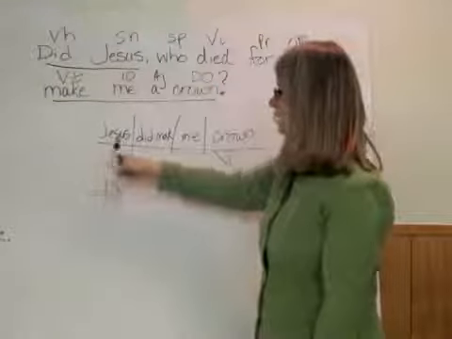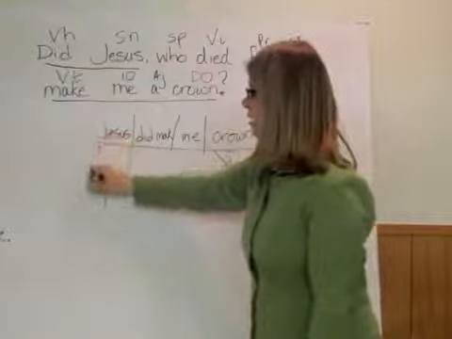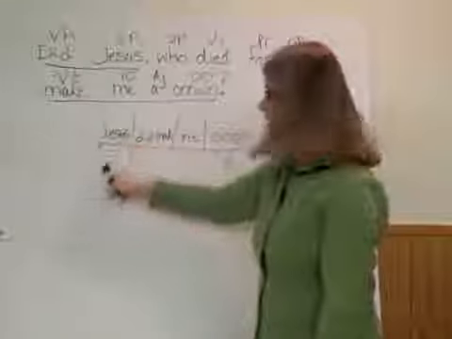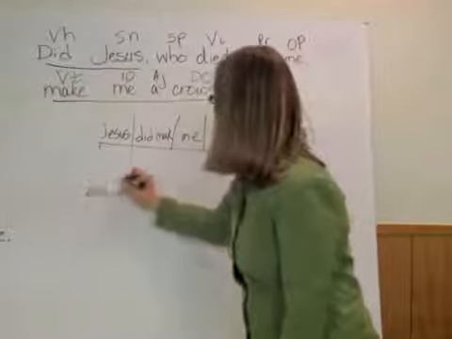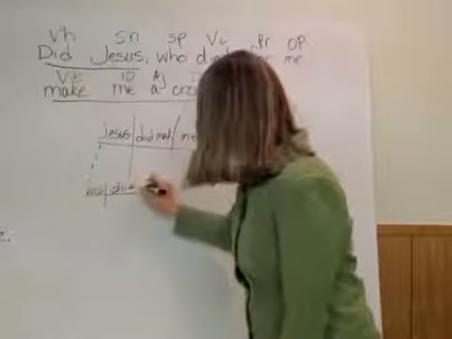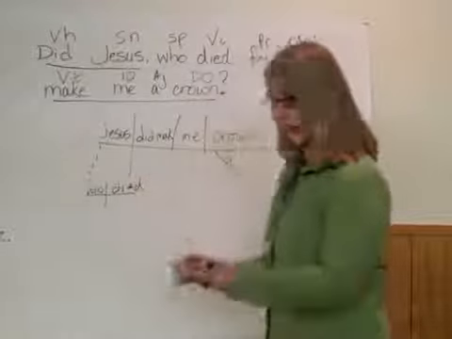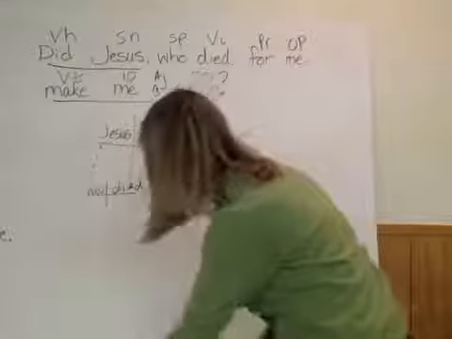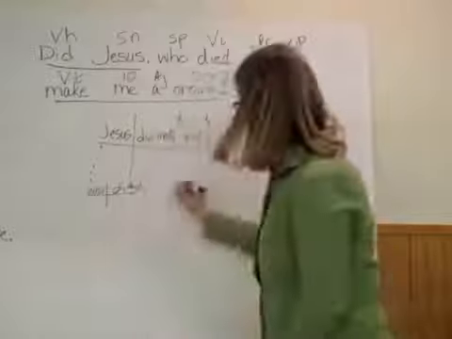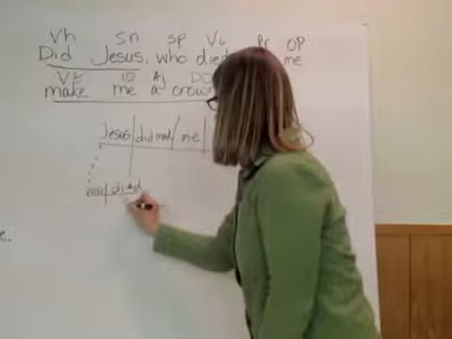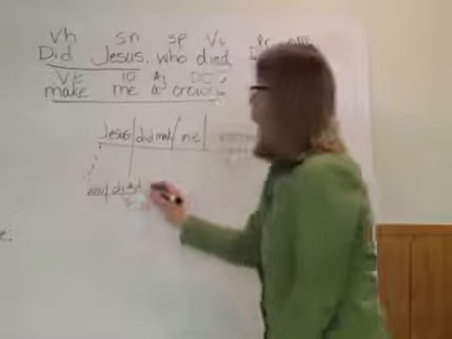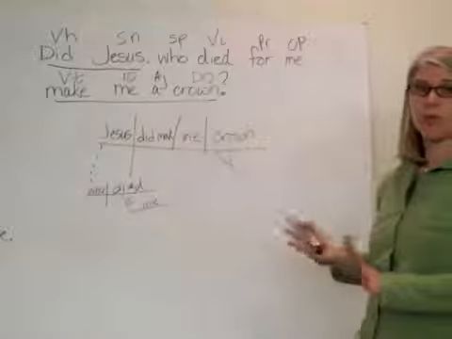So I know I need to put it underneath Jesus and connect my subject to my subject. And if you forget how to diagram it, they have it in the teacher's manual. So now I just need to add my prepositional phrase for me. And you have done tasks 1 through 4.